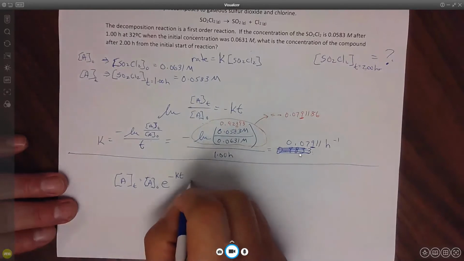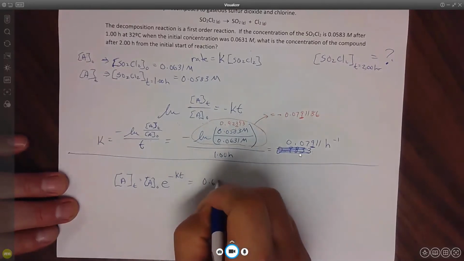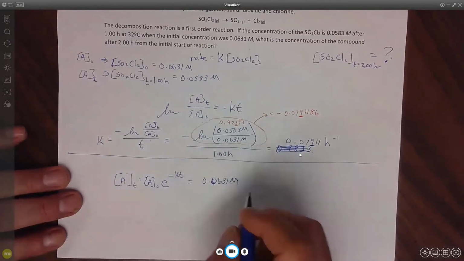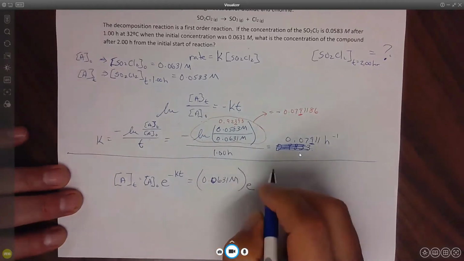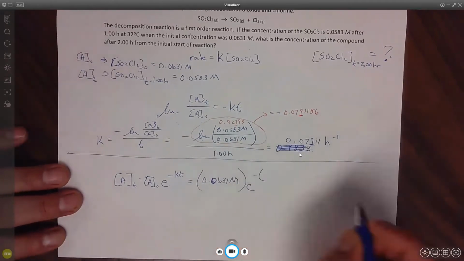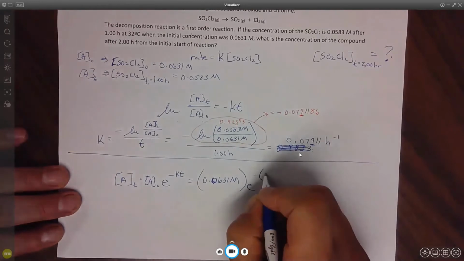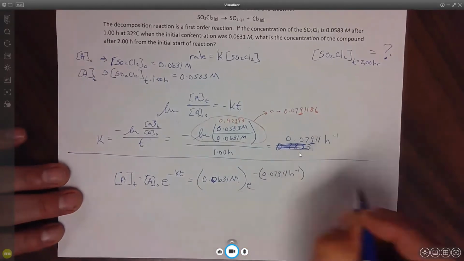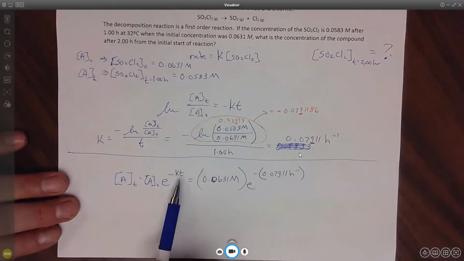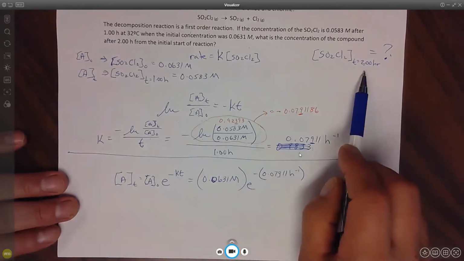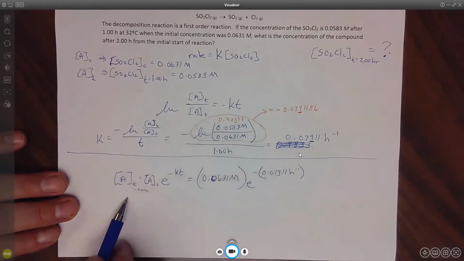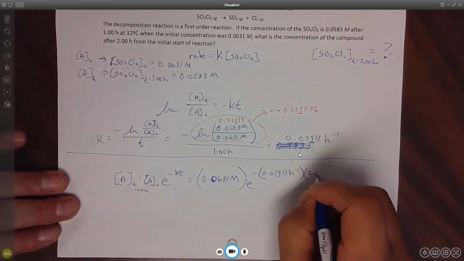Okay, so A naught was our 0.0631 molar, right? That was given to us. Then we have e raised to the negative of our k, which we just determined was 0.07911 per hour. And the t that we're interested in is 2 hours. So that's the t we're interested in.